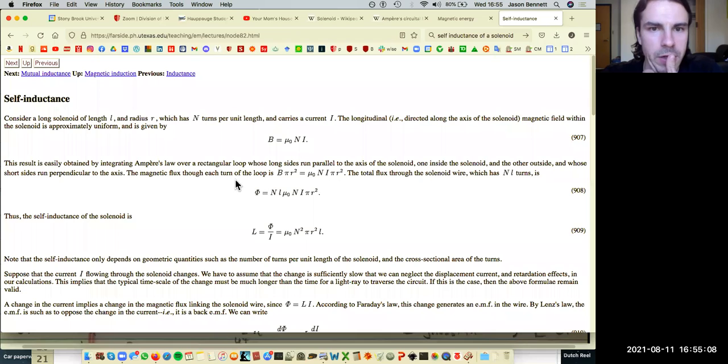The magnetic flux through each turn is that. Why is it? Oh, duh. He wrote out Ampere's law without actually writing it out.